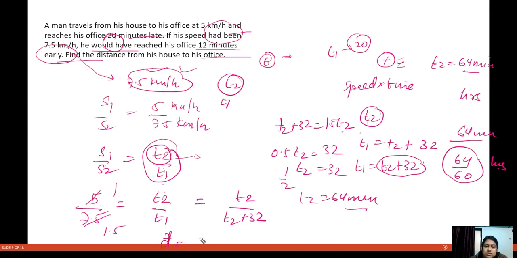So distance is equals to speed into time. Now this time t2 is taken at 7.5 kilometer per hour. So just write 7.5 kilometer into 64 by 60. Multiply this and you will get your answer.